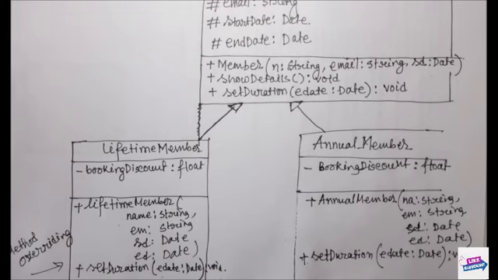For lifetime member, I will give a 60% booking discount. If any member wants to be an annual member, I will give 10% discount. Just like that I will add some more attributes according to our requirement. This is the name of the attribute and this is the data type of this attribute. So in this way you can represent inheritance.